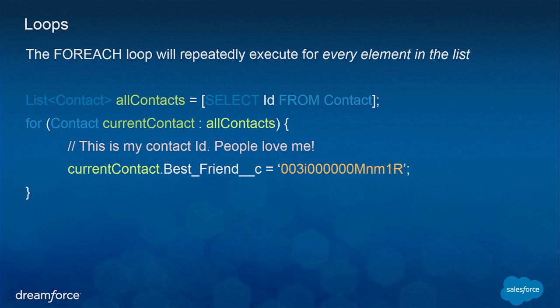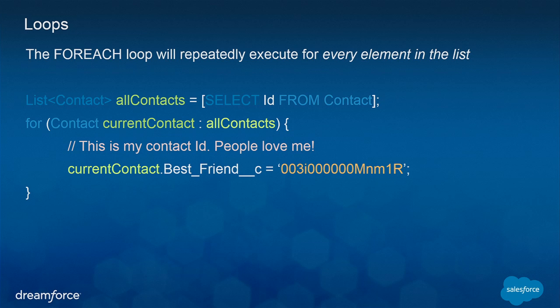So we have that huge long list of all of our contacts. We want to look at one contact at a time for every contact in that list. And that's the notation to do that. You put the list variable on the end, you put a colon in between, and you put the individual that you're going to be working with one at a time prior to that. And of course, you have to define that variable in your for loop or prior to your for loop.